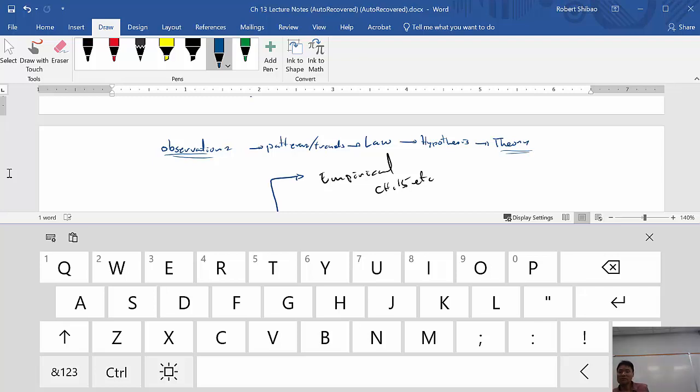There are two camps of physicists. You have the theoretical physicists, and then you have the experimental physicists. And they meet in the middle, and when they meet in the middle, it should meet at the same point. But sometimes there's a mismatch between what theory predicts and the observations.